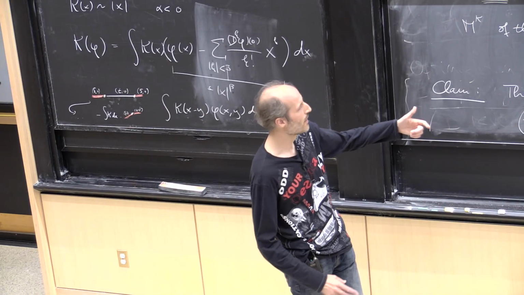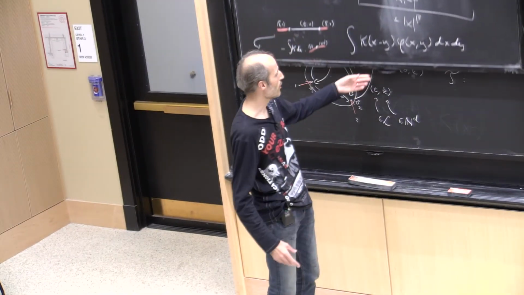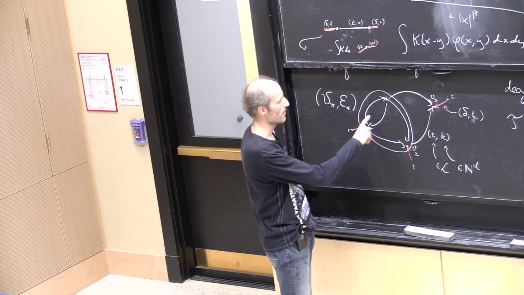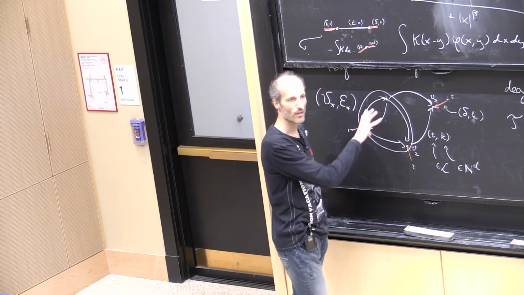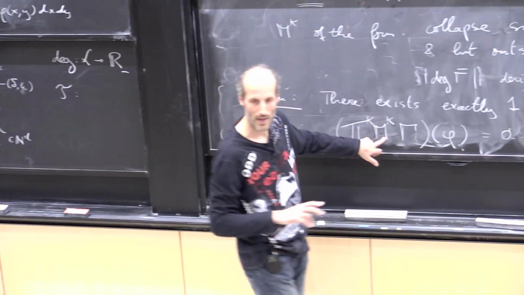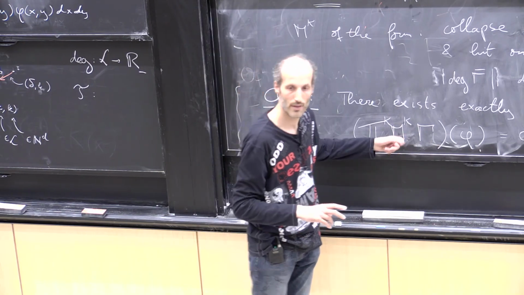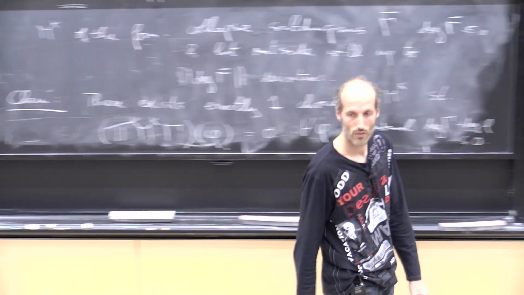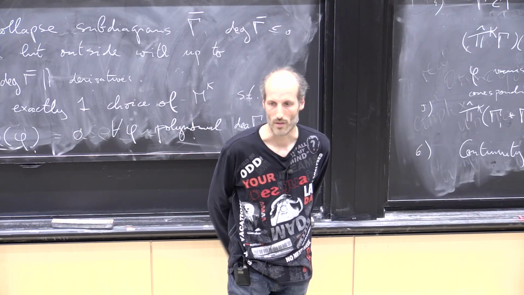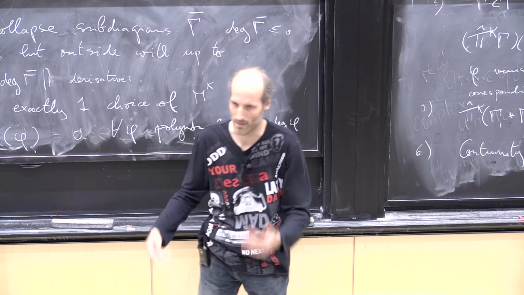Well, there are lots of gradings around here, but the relevant grading is the grading by edges of these subgraphs. That's actually a grading for the Lie algebra that generates that group, and it's nilpotent in that grading. In that case, it's locally nilpotent because the whole thing is infinite dimensional.